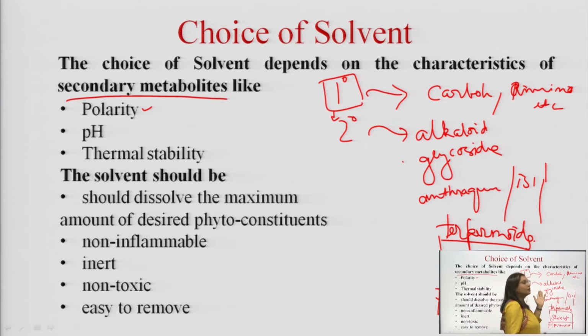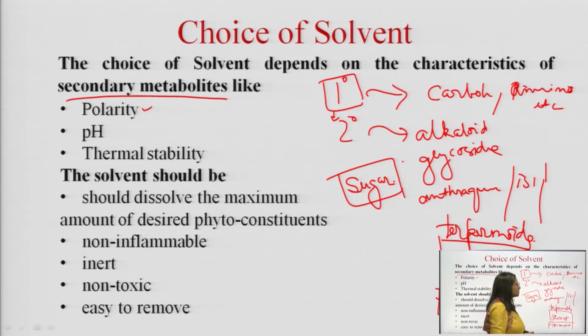Depending upon whether the molecule is larger, it may choose a more non-polar solvent as compared to the polar ones. If the phytoconstituent is a sugar type, it will require a more polar solvent for isolation.